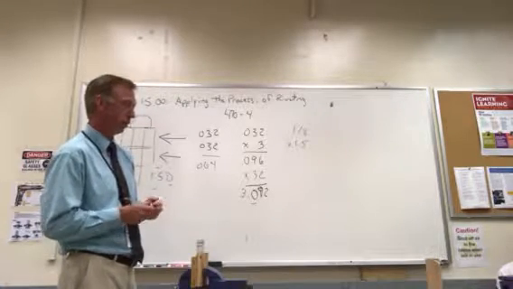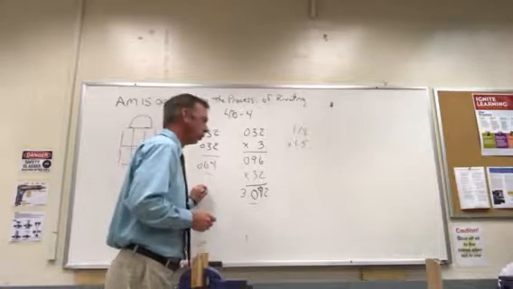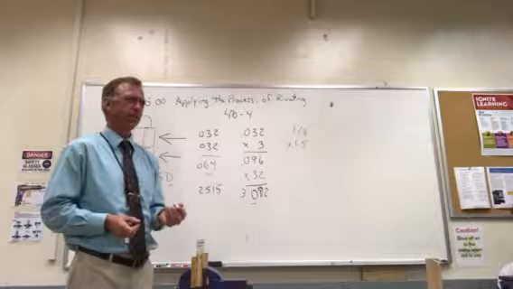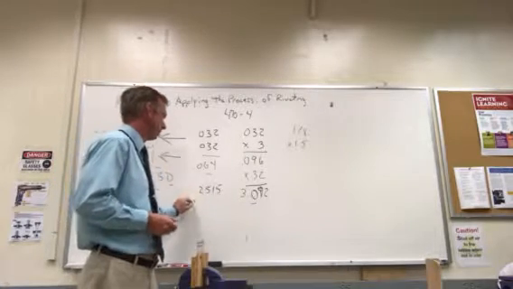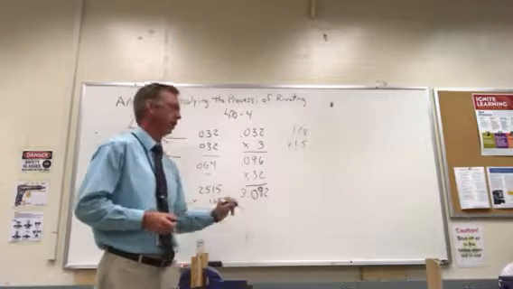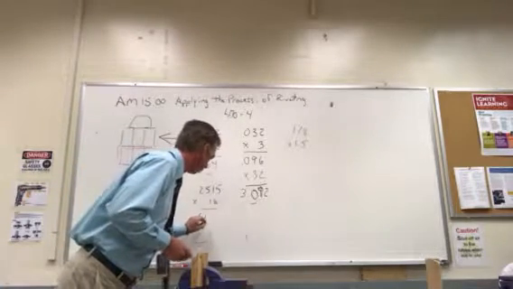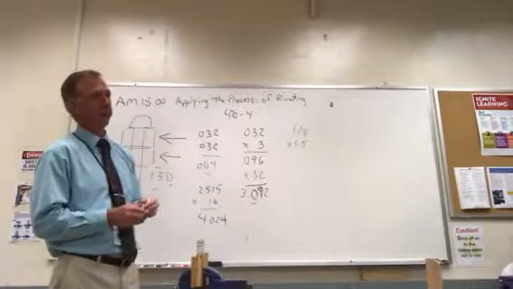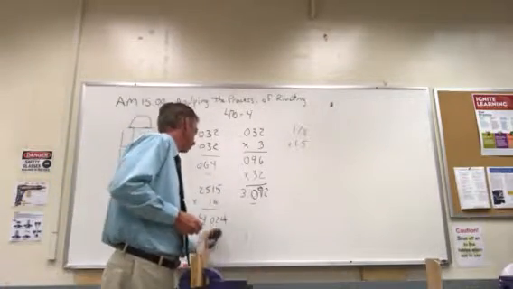What do we come up with? 0.2515. Now we need to find the 16ths, so we're going to multiply this by 16. In order to find the length, what do we come up with? 4.024. And this is one where it's okay to just drop that last part off.